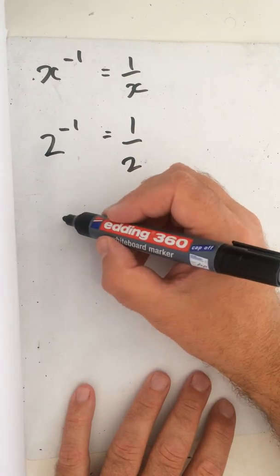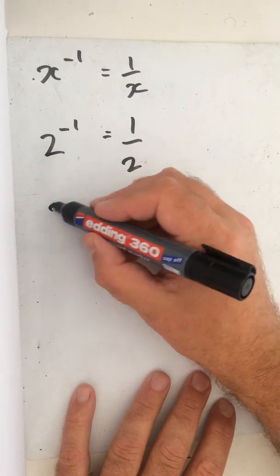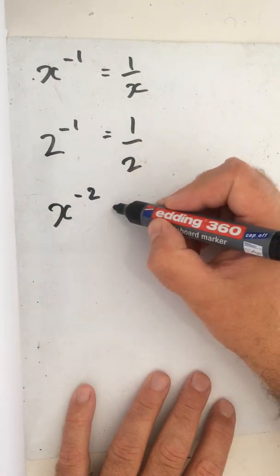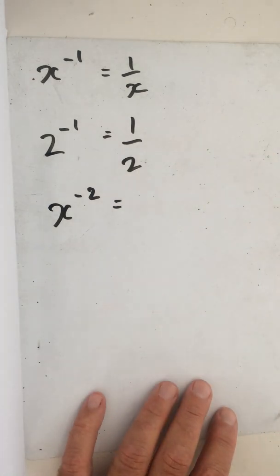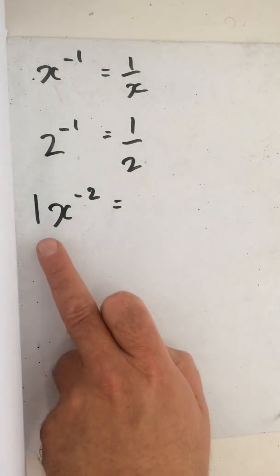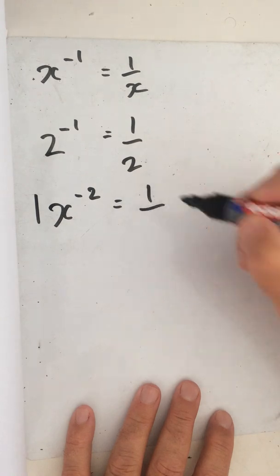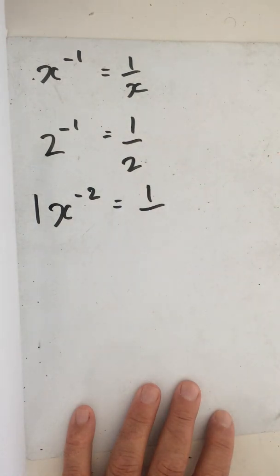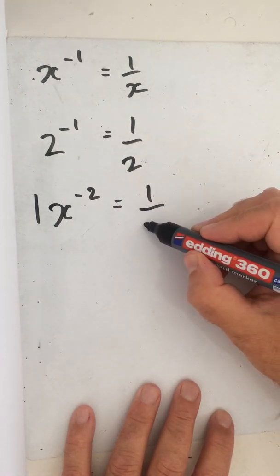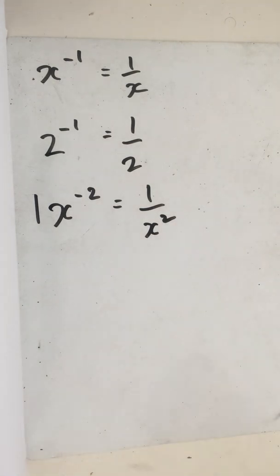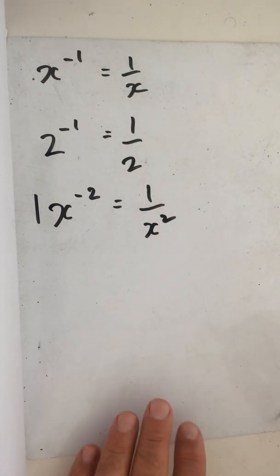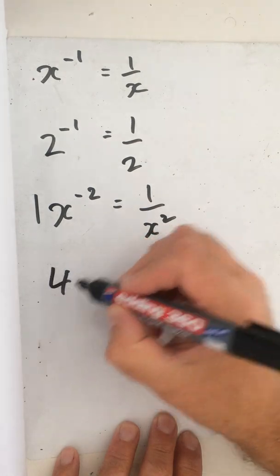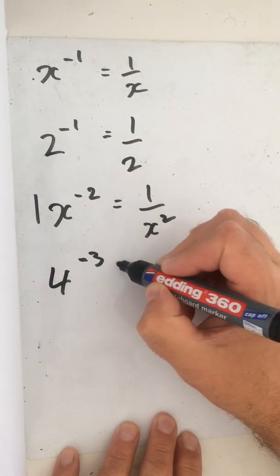So if you've got x to the power of minus 2, again, because this is 1 over x, you put the 1 over there, and then we put x squared. And then it could be a number, 4 to the power of minus 3.